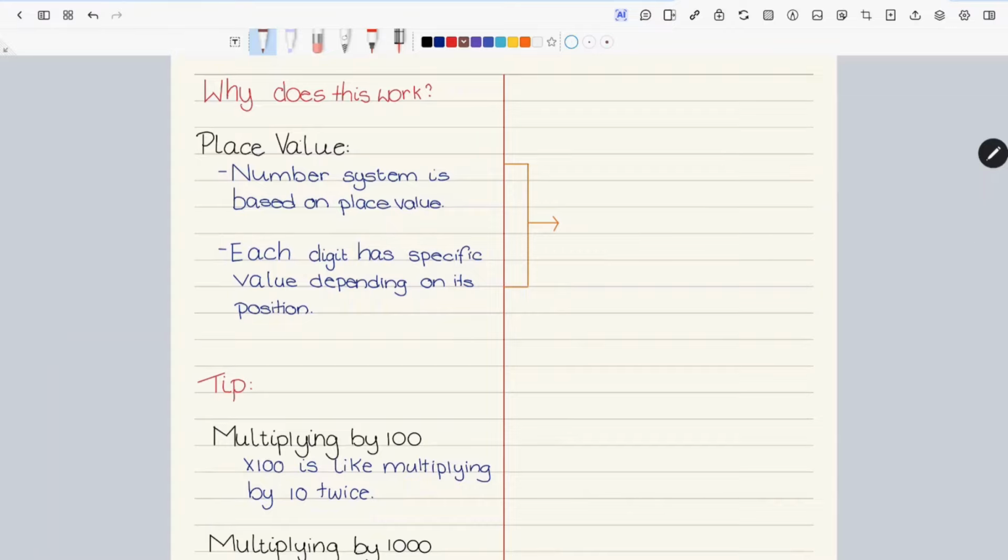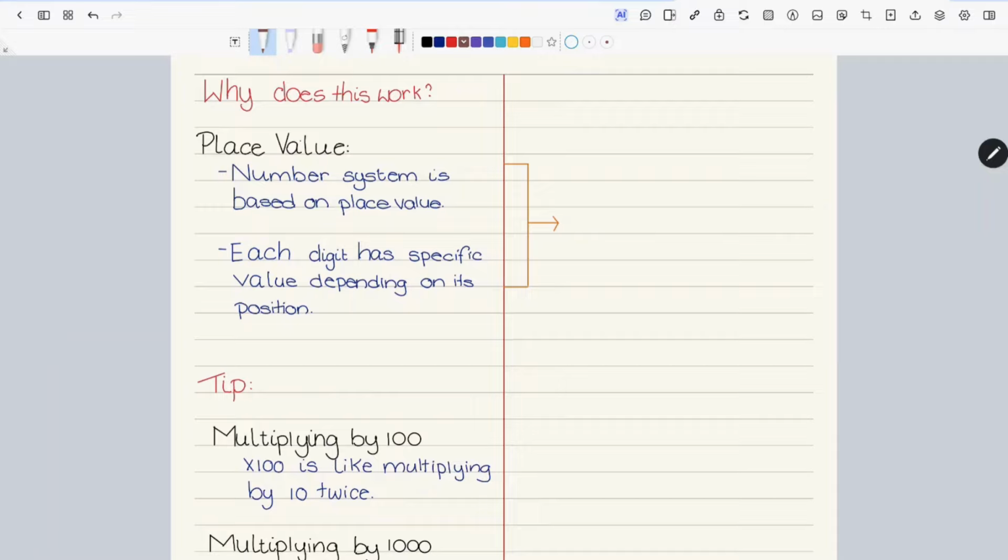So why does this trick work? Let's break that down. It's all about place value. Our number system is based on place value. Each digit has a specific value that depends on its position.